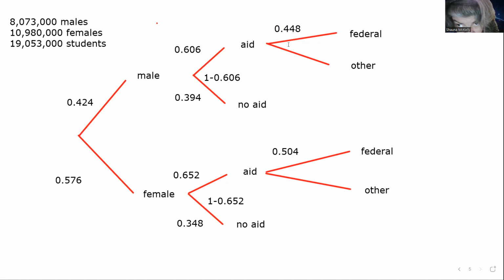So once again, 1 minus 0.448. And this branch is 1 minus 0.504. Okay, let's do those calculations, put them on our diagram, and then we'll be able to answer whatever question they ask us.